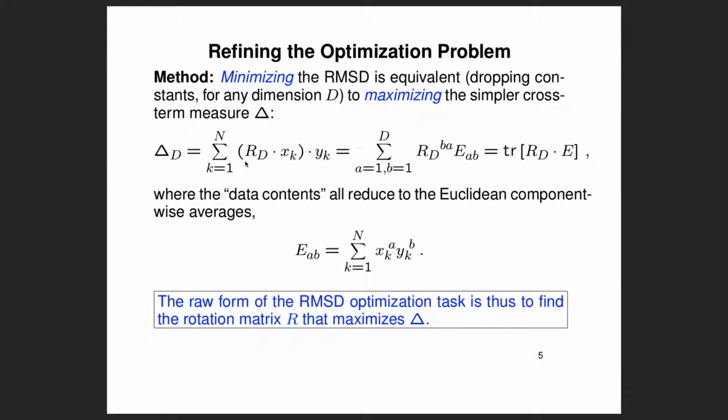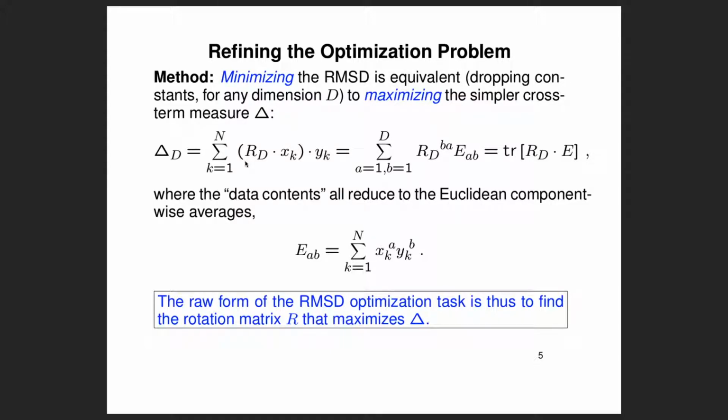Now look and see what the structure of delta is, and this is true for any dimension. This has no particular dimensional dependence until we get into the quaternion part of it. You wind up with the rotation operating on the test data dotted into the reference data, and so that Y in terms of multiplication moves over to the left.